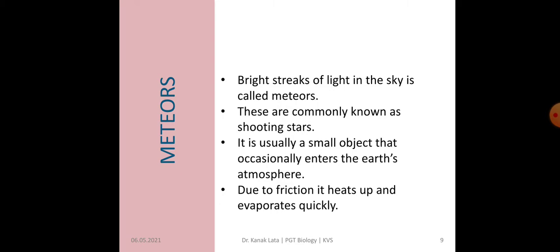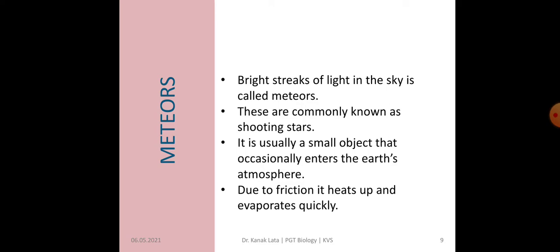Now let us discuss meteors. Sometimes at night when the sky is clear, bright streaks of light are seen in the sky, which are called meteors. Meteors are also called shooting stars. A meteor is usually a small object that occasionally enters the Earth's atmosphere at a very high speed.